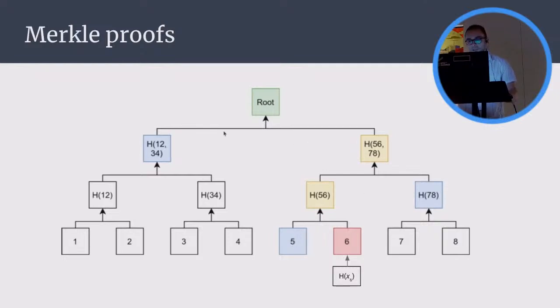Because having only these nodes, which are a logarithmic number compared to the number of elements, you can verify the computation of the Merkle root and check if it matches. So this gives us a tool to compress an arbitrarily large amount of data into a single hash.